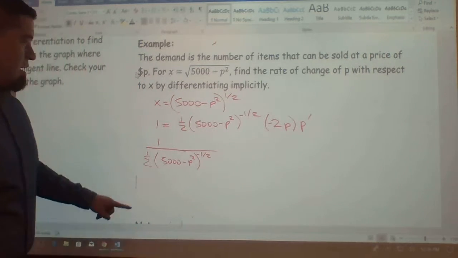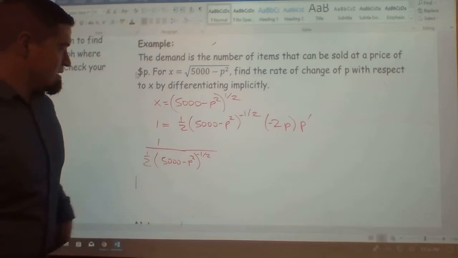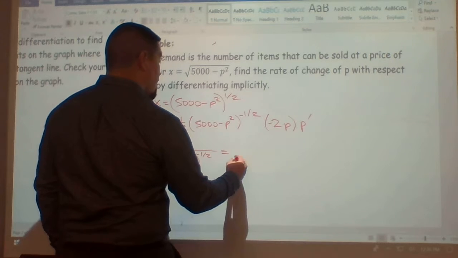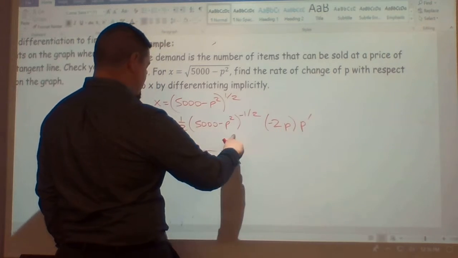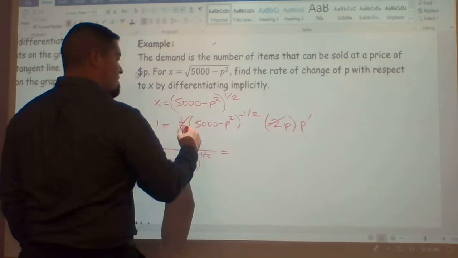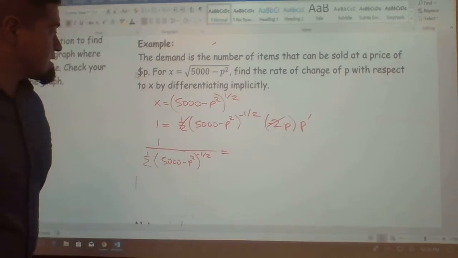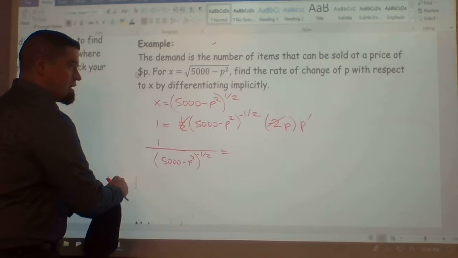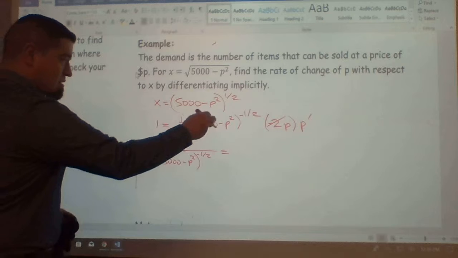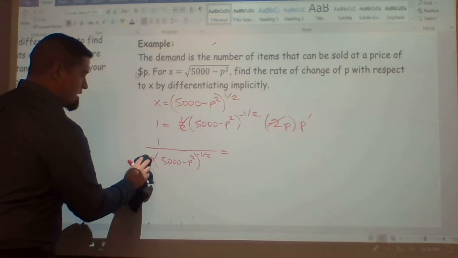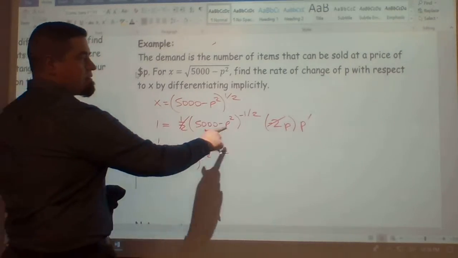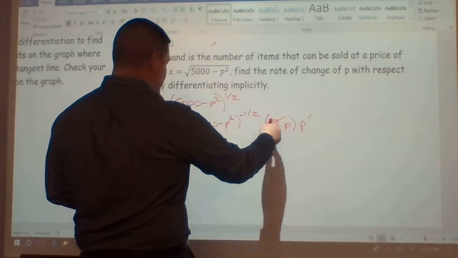Okay, now I'll rewrite this right here. Oh, I also got to divide, so I divided this part, but I also got to divide that. Well, here I could have said that cancels out, right? So the 1/2 of 2 is just 1. The negative doesn't cancel out, so I got to keep the negative. And then also keep the p. So negative p.